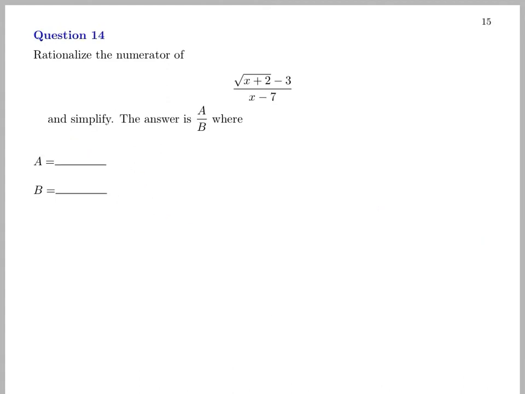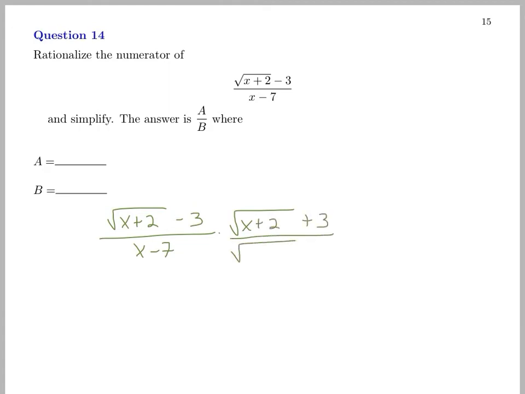This one is similar to the last one, right? So we're again going to rationalize the numerator by multiplying by the conjugate. So square root of x plus 2 plus 3 over the square root of x plus 2 plus 3. So in the numerator, we're going to get x plus 2 minus 3 squared, so minus 9.